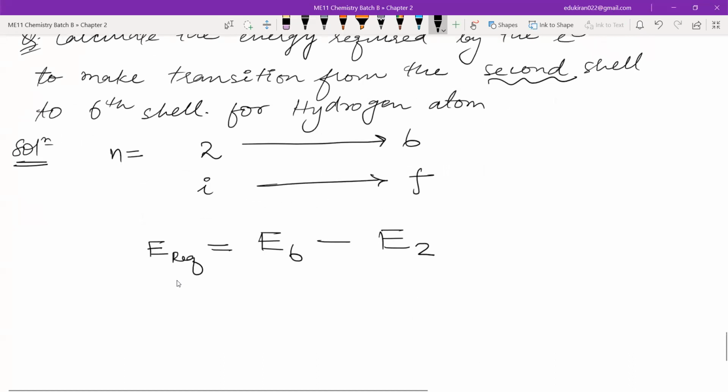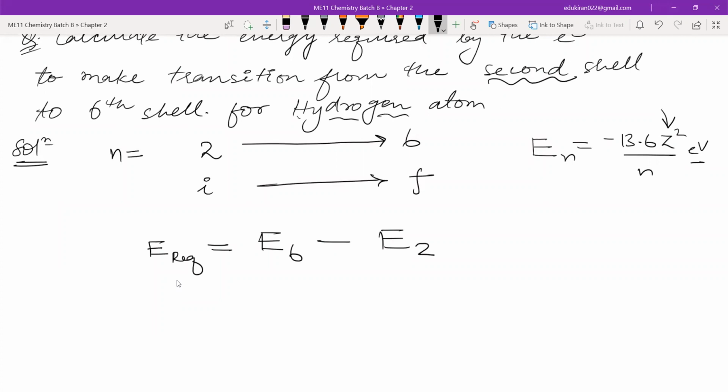The formula is the same, in terms of electron volts: E for any shell n is equal to minus 13.6 Z square upon n square electron volt. Z you can identify from whose atom it is, so you write the number of protons there, and n is the shell number. So you write this here, and then we can find the energy.